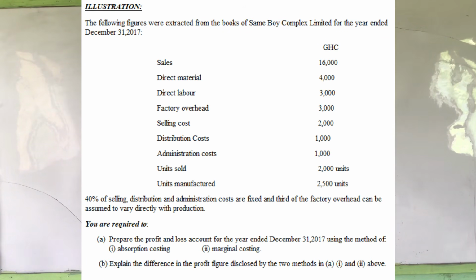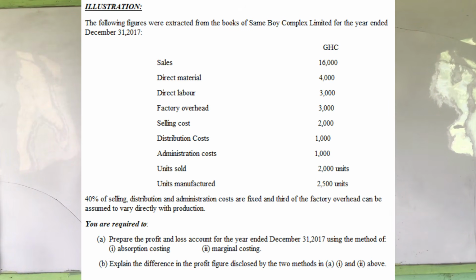We have direct labor to be 3,000 Ghana cedis. We have factory overheads to be 3,000 Ghana cedis. Selling costs to be 2,000 Ghana cedis. Distribution costs to be 1,000 Ghana cedis. Administration costs 1,000 Ghana cedis. And then we have the units sold to be 2,000 units. And the units manufactured was 2,500 units.